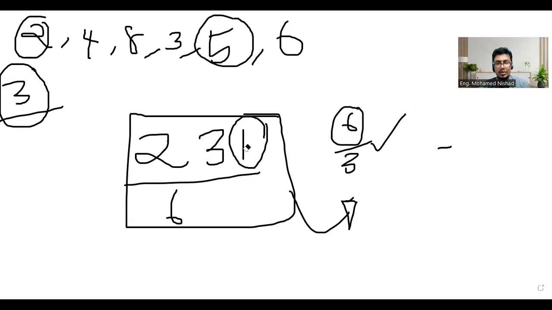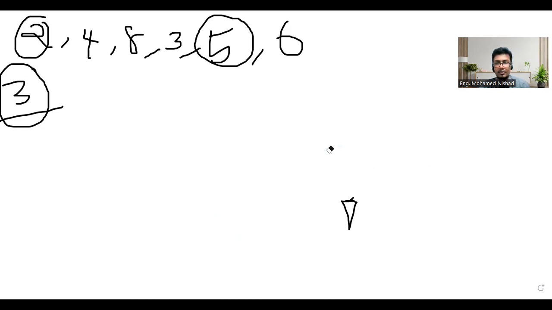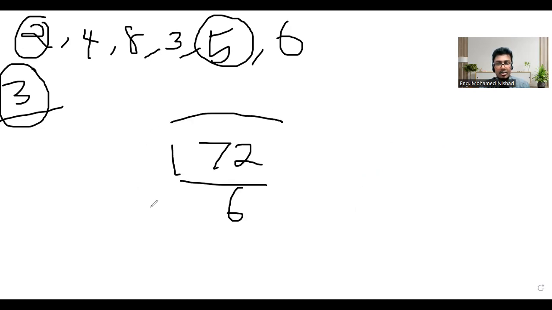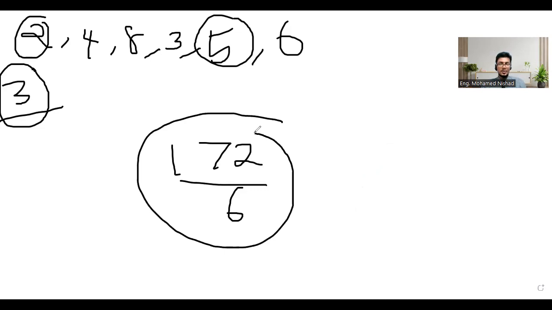Right? So can you answer this one? 172 divided by 6. Can you say whether it is divisible by 6 or not? It can be divisible by 2, okay, because it's ending with 2.